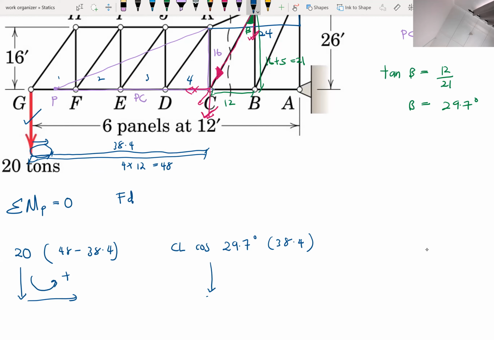So this way, this one is left hand side, so it is negative. Then we just equal to 0.